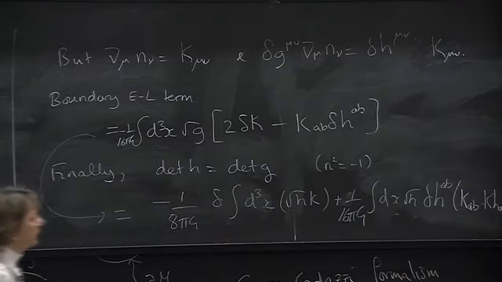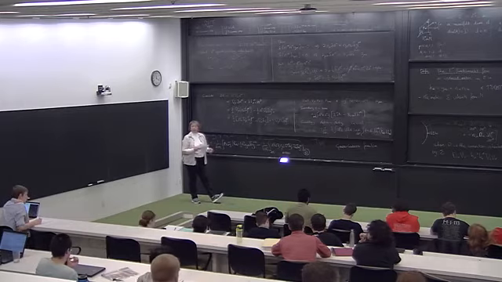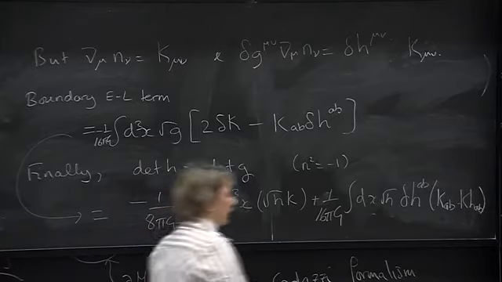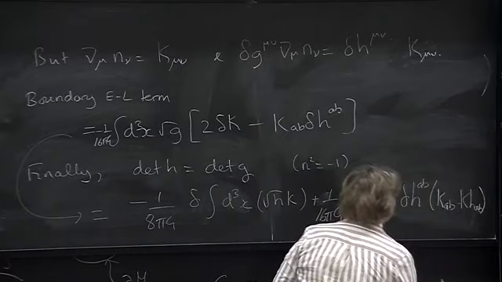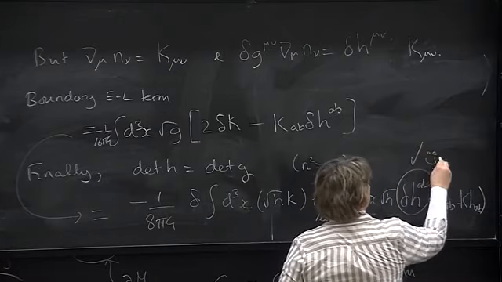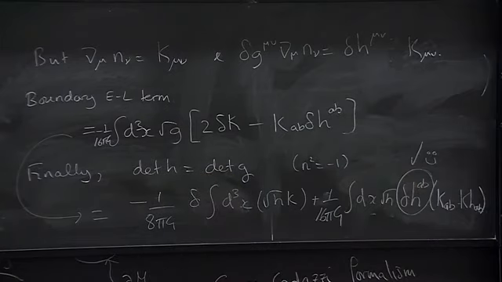So what that means is I've re-expressed my boundary term as a variation of a boundary integral, something that is proportional to delta HAB. So this we're now happy about, because it's just got delta HAB. It's no derivatives.